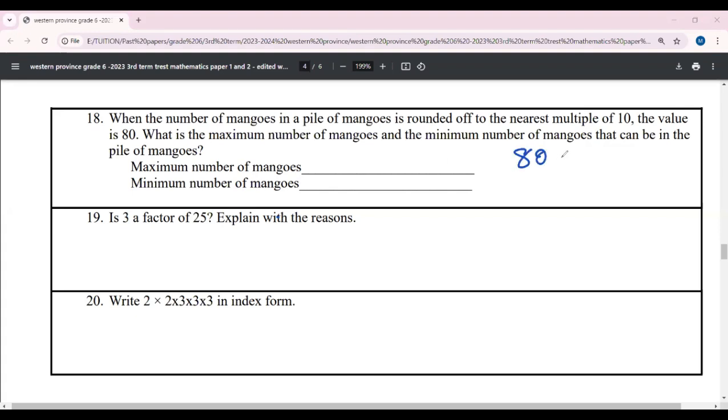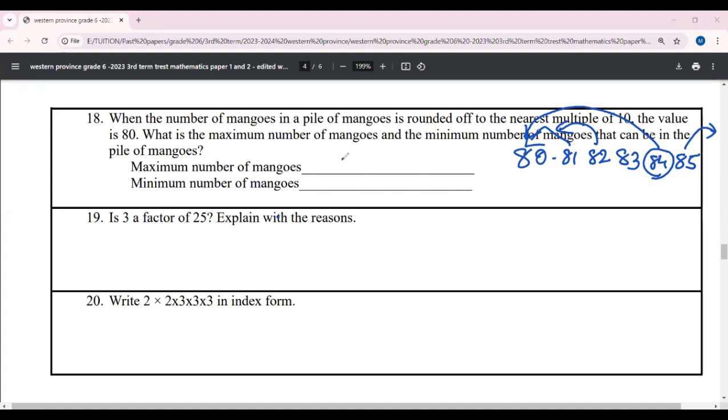If we round 80 to the nearest 10, we get 80, right? 81 also comes to 80, 82 also comes to 80, 83, 84 also come to 80. If you get 85, that goes to 90.